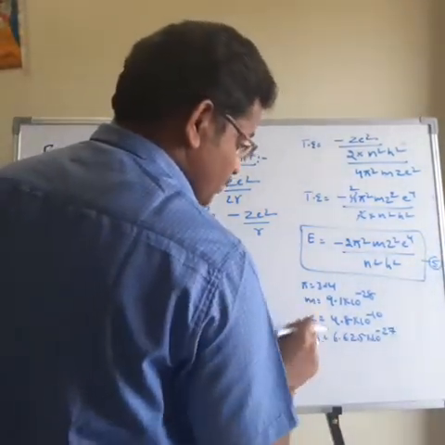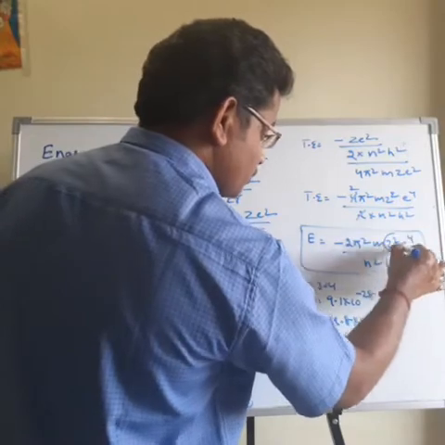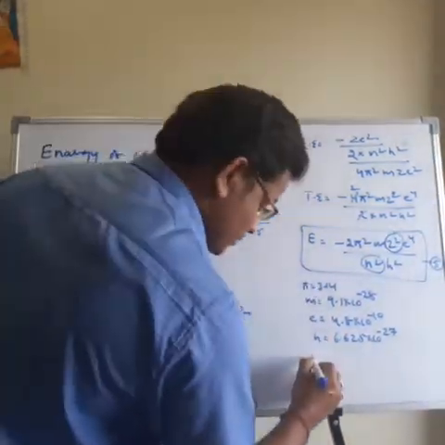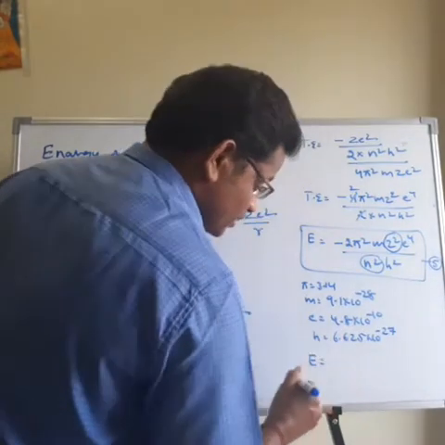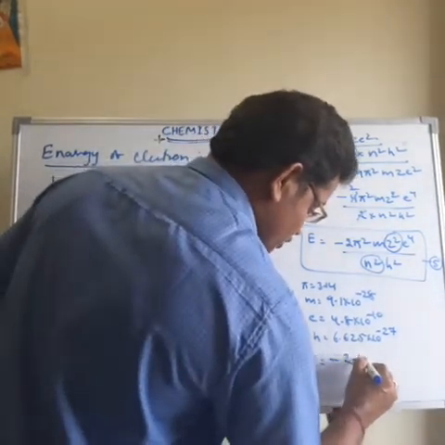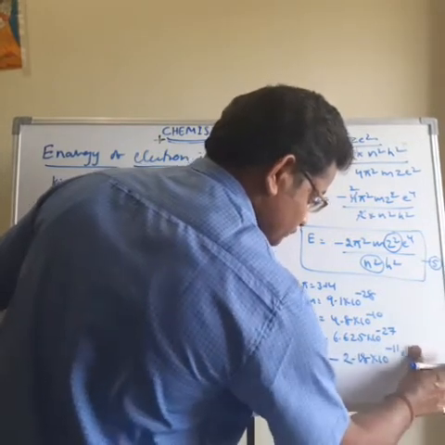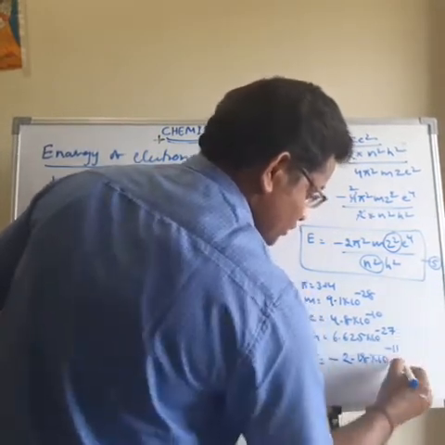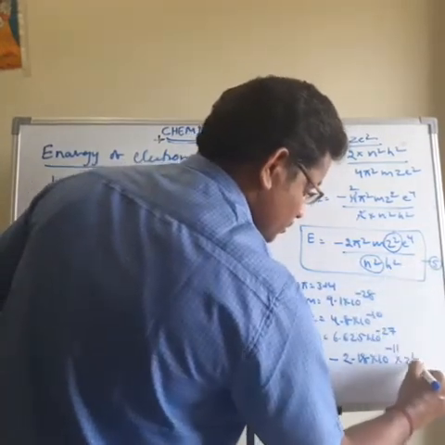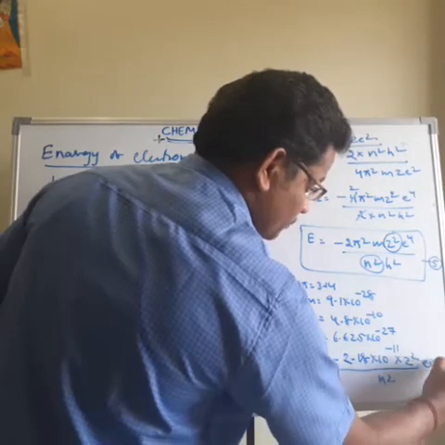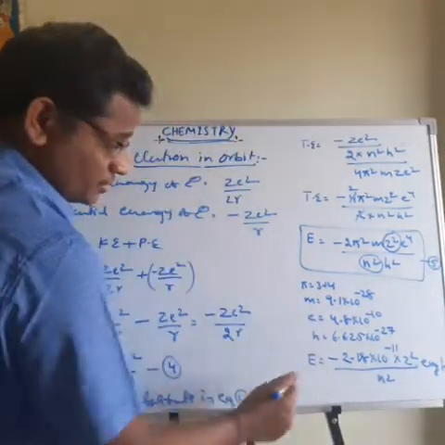If we substitute these values in this equation, except Z square and N square, the remaining values give E equal to minus 2.18 into 10 power minus 11 into Z square divided by N square erg per atom.